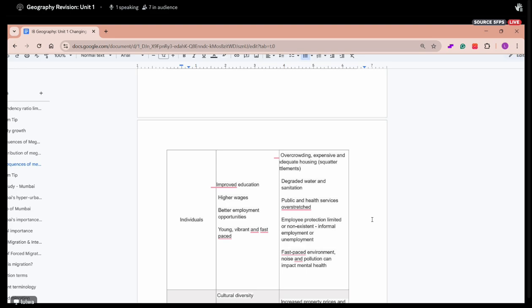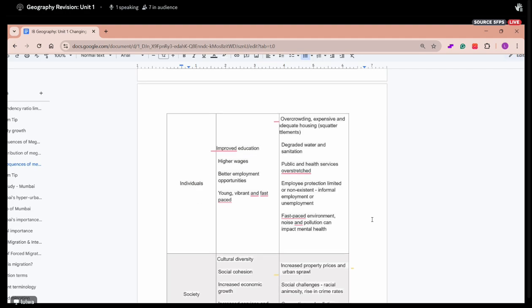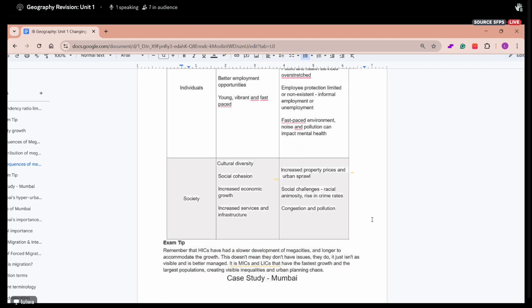It could also lead to noise pollution, which could impact mental and physical health. On a societal scale, the positives are cultural diversity, social cohesion, increased economic growth, and increased services, but the negatives could be increased property prices, social challenges, congestion, and pollution.